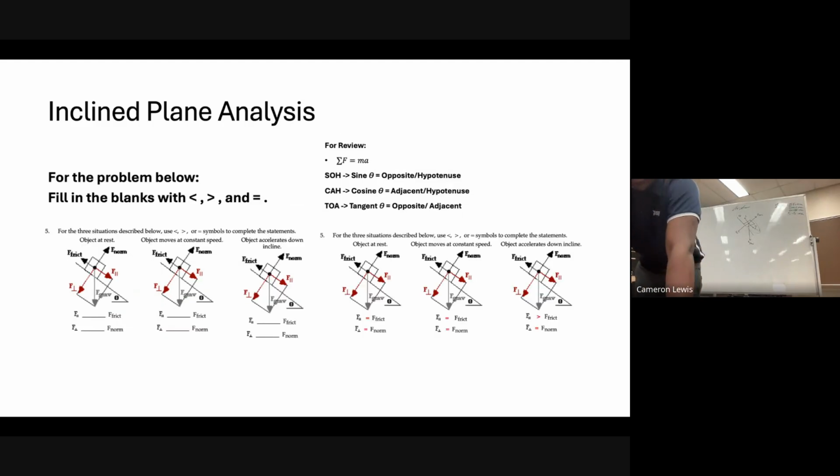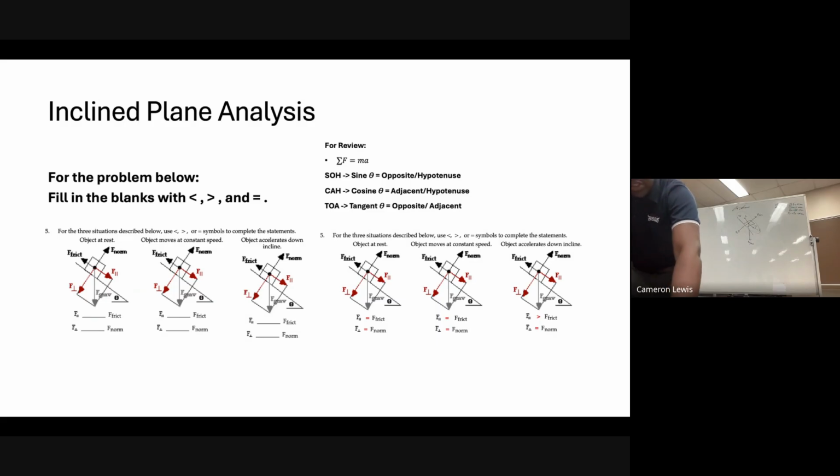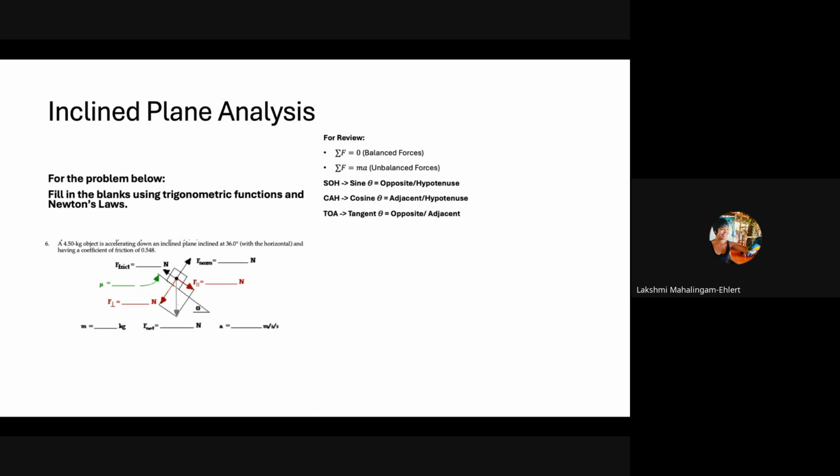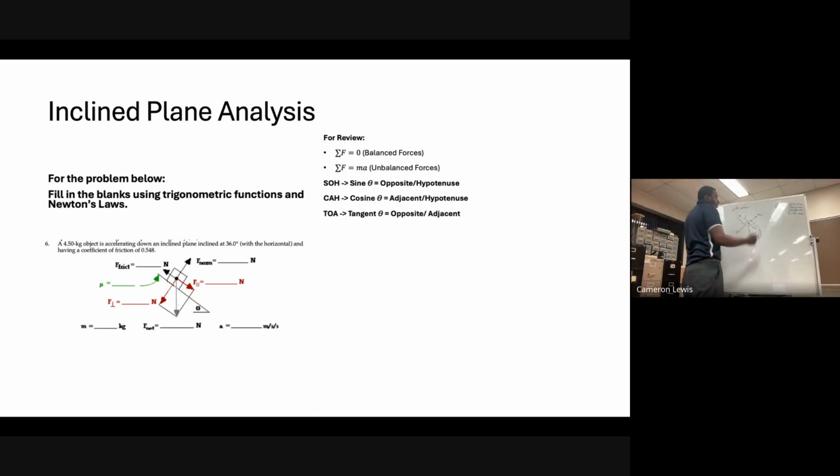In all the scenarios. The perpendicular and the normal force. Will anything be different in this scenario? Would the perpendicular be equal to the normal force? Yes. So now we know that the perpendicular force is actually equal to the normal force.